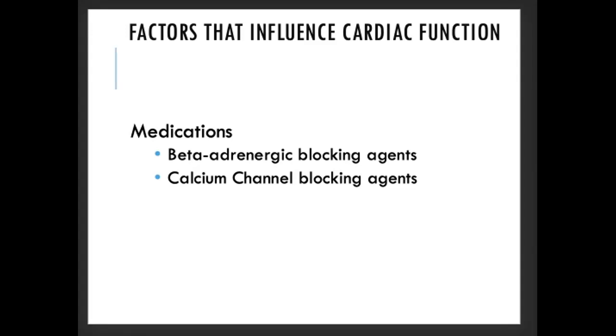So the first is going to be your beta blockers, and the beta blockers are used therapeutically to reduce the workload of the heart and to control abnormal heart rhythms. These drugs are going to block the beta-1 receptors and thereby decrease the heart rate and decrease the strength that the myocardial has to contract.